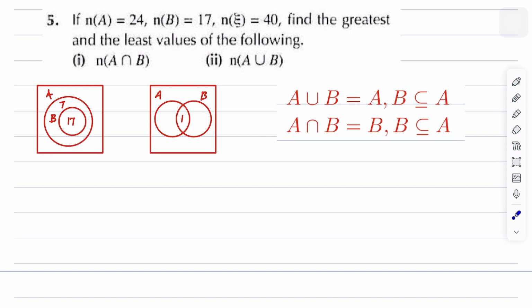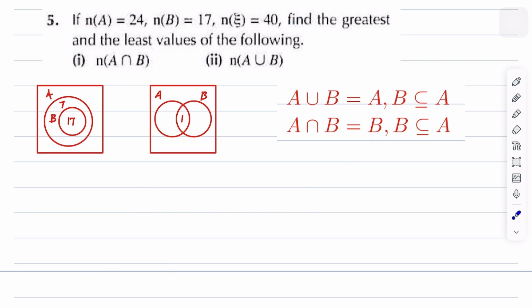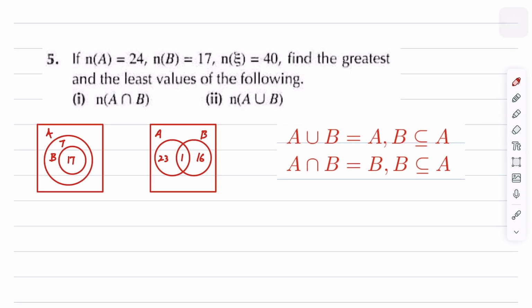Like in this case, 24 plus 17 is 41. So 41 is greater than 40 by 1, so you will say at least one element is common in these two sets. So if one is common, there are 23 over here in this region, and similarly, if there are 17 elements in set B, that means there are 16 elements in B only.